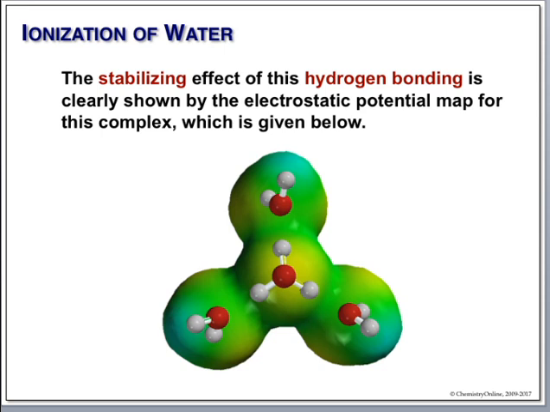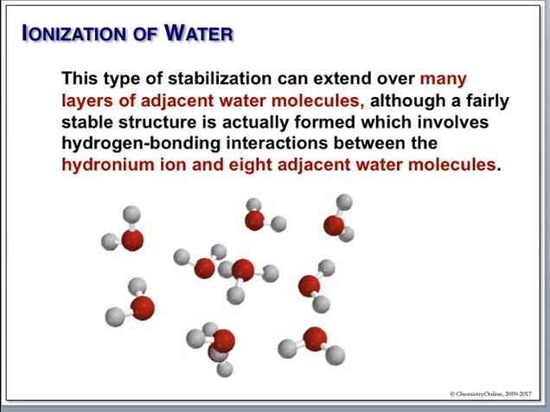Now, I mentioned that there typically are more than 3 waters around a charged thing. Here I put 8 waters around. Right here in the middle is our hydronium. So I'm going to do the same exercise. I'm going to calculate the electrostatic potential map over the whole cluster. Keep your eye on the guy in the middle here.